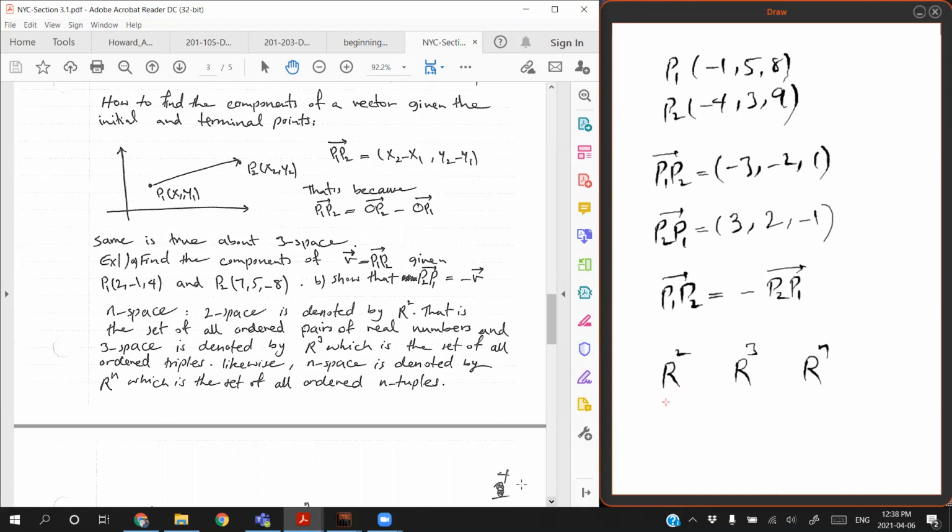You can use an ordered pair to describe vectors in R2, ordered triplets in R3, and for Rn, you can describe a vector using an ordered n-tuple. So, for example, v1, v2, all the way to vn would be a vector from Rn. These are the components of a vector from Rn.